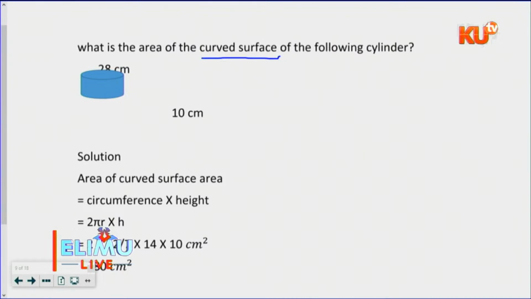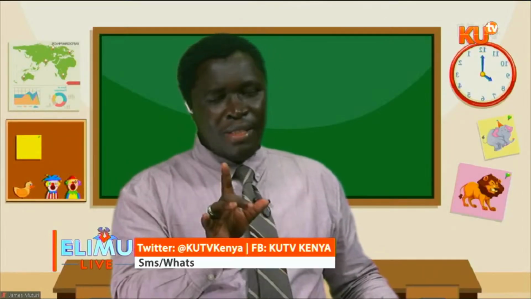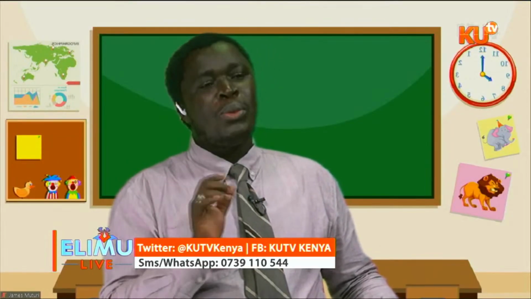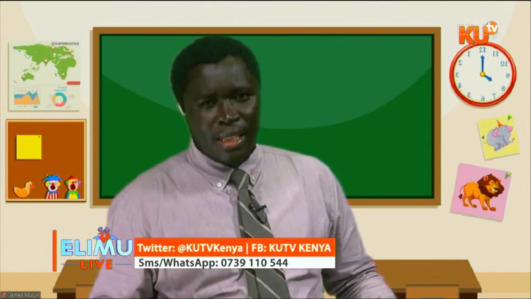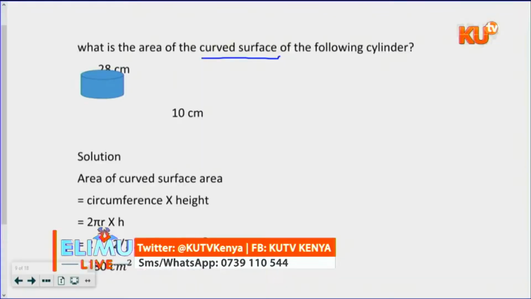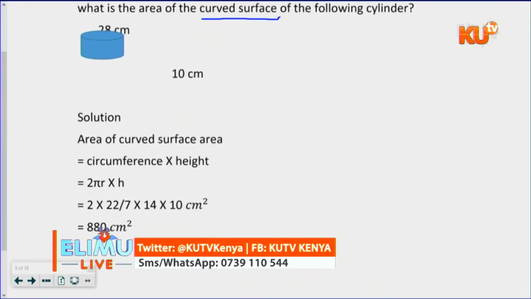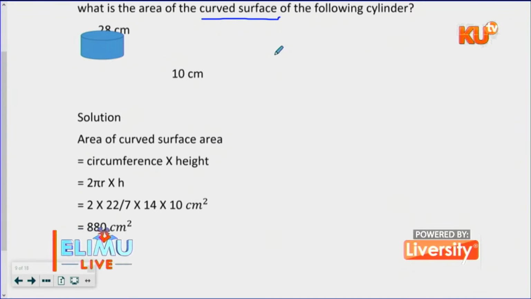What is the area of the curved surface of the cylinder? Curved surface, not what is the surface area of the cylinder. So be keen. Identify the key part of the question, and this key part of the question will simply lead us where we will get our solution.